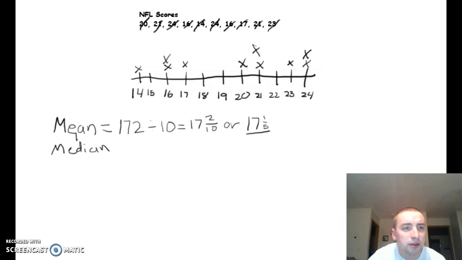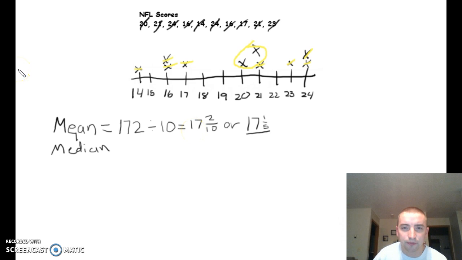Okay, so with my median, what I can do is just cross off the numbers, or my x's, to get to the middle number. Okay, so now there's two middle numbers. Okay, so I have 20 and 21.